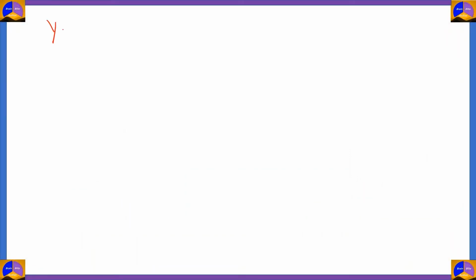So y, which is the position at 1 second, using the second equation, will be u times the time, which is 1, minus half times a times t square. t square is 1 square.